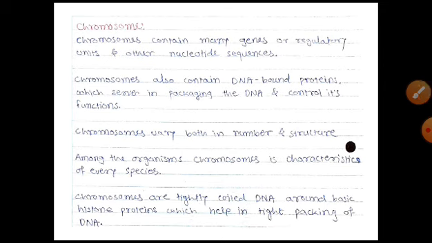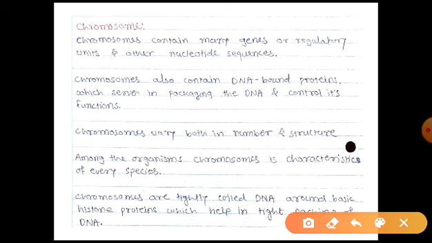First is chromosome. The chromosome contains many genes. A gene is a part of DNA, a regulatory unit and other nucleotide sequences. Chromosomes also contain DNA bound proteins which serve in packaging of the DNA and control its function.